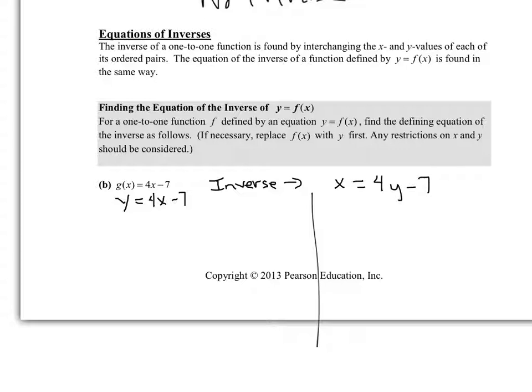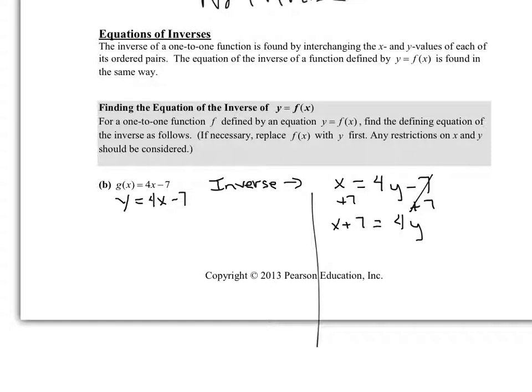But in order to write it correctly, I need to have it back in function notation. I need to get the y isolated. So let's add 7 to each side, and that would give me x plus 7 is equal to 4y. And to finish this off, there's a variety of ways I can do it.